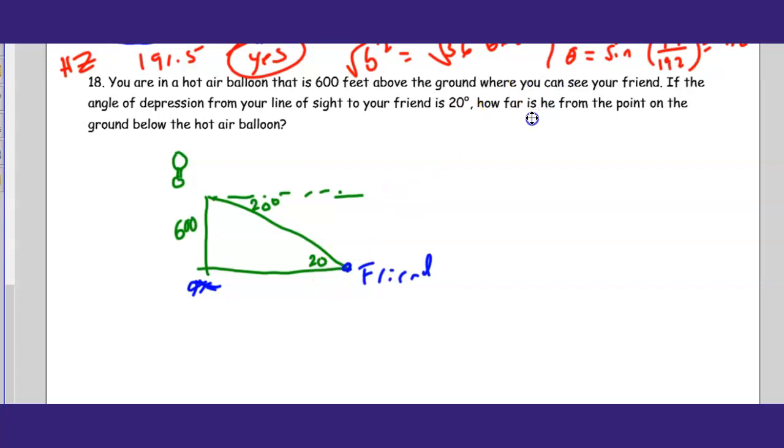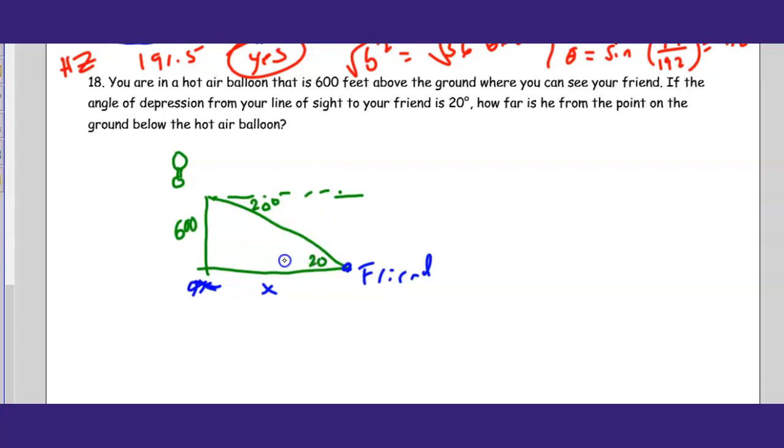So if the angle of depression from your line of sight to your friend is 20, how far from the point on the ground below the hot air balloon? The balloon point is right here, so we're looking for this side right here. We don't know what that side is, but we know this is 20, so this is 20.